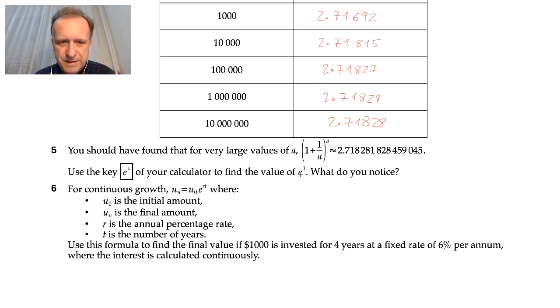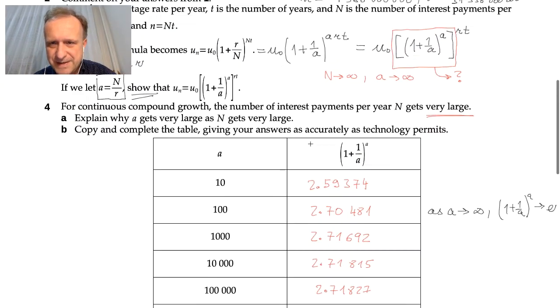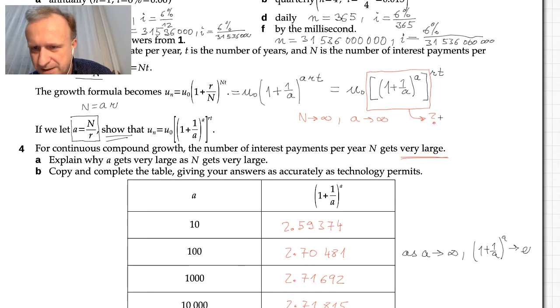Okay, so e to the power of 1 is exactly this function, and since this thing here is e to the power of 1, what is this entire expression in part 3? Well, it has to be u sub 0 times (e to the power of 1) to the power of rt, and you can see yourself that it must be u sub 0 times e to the power of rt.